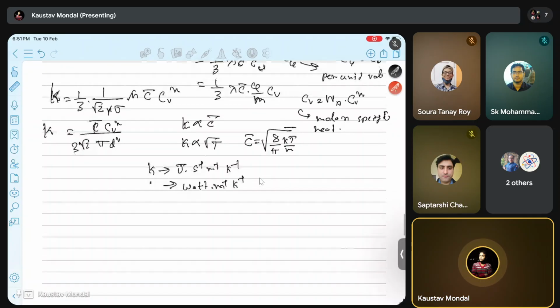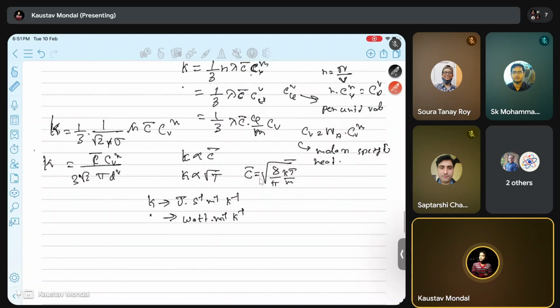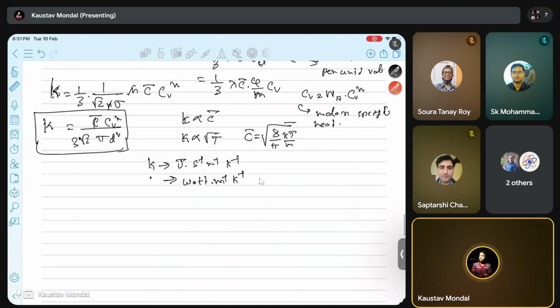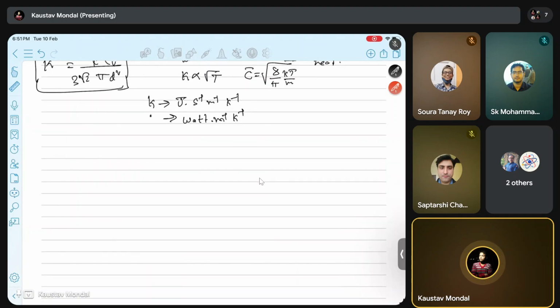This is one expression to remember, and this is another expression to remember. There is also a relation between eta and kappa. The eta expression is 1/3 m n c-bar lambda, and kappa is 1/3 n c-bar lambda C_mV.